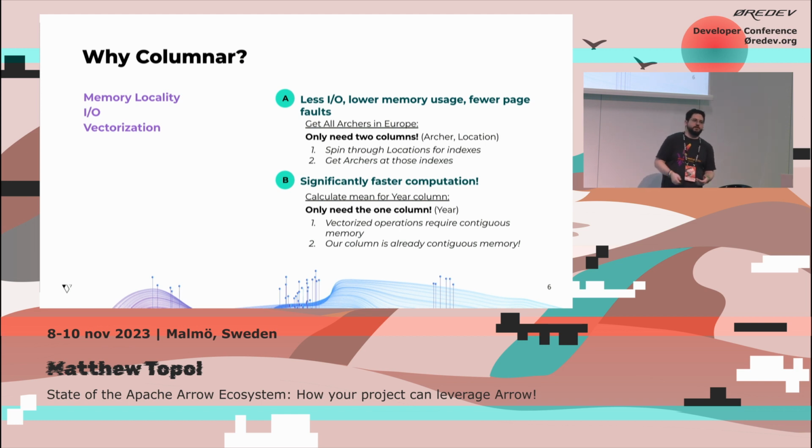Page faults are reduced. Now, that's kind of common with a lot of analytics use cases, a lot of passing data around. In addition, if you wanted to compress data, the fact that all of your data of the same type is in one contiguous chunk of memory means it's going to compress better. And that's where you get things for file systems on disk like Parquet. The other benefit is actual computation analytics.